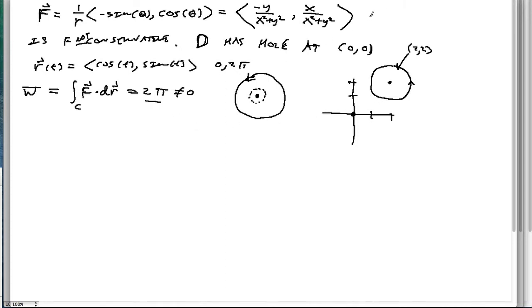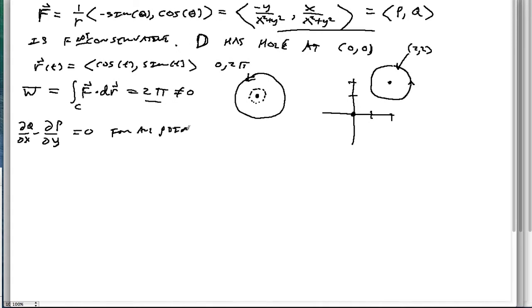So recall again also, so this was our P and our Q, and we verified before that the partial of Q with respect to X minus the partial of P with respect to Y is 0 for all points but the point 0, 0.